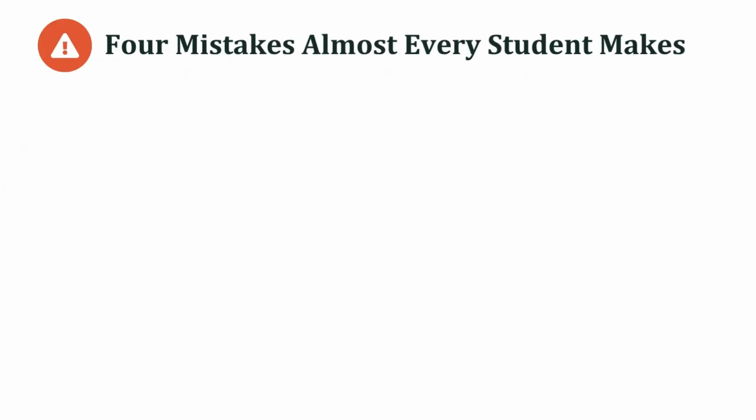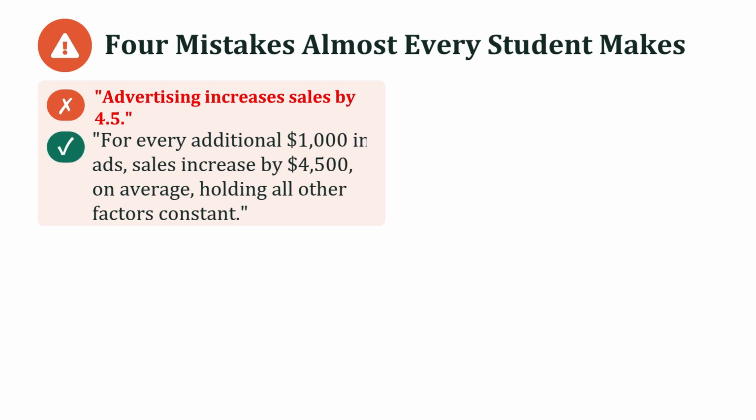Watch out for mistakes. Almost everyone makes at least one. Let's make sure you don't. 1. Advertising increases sales by 4.5. Wrong. You dropped the units, the on average, and the holding constant. 2. The intercept means sales are always 15,500. Wrong.